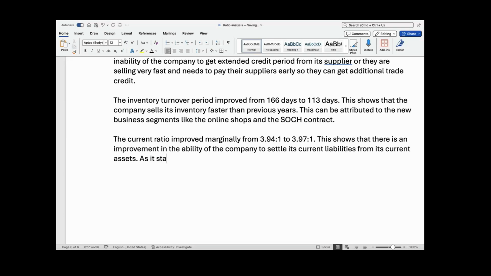As it stands now, a 3.97 to 1 ratio is impressive.